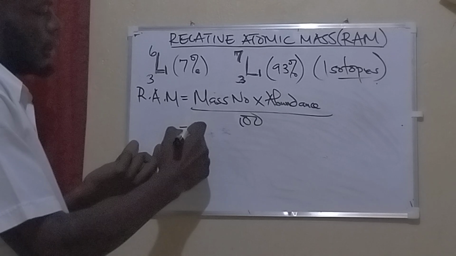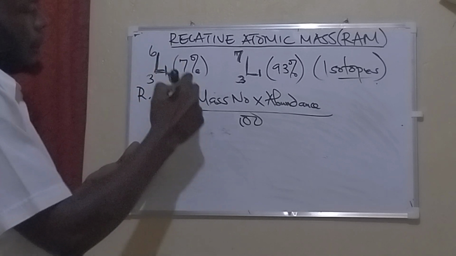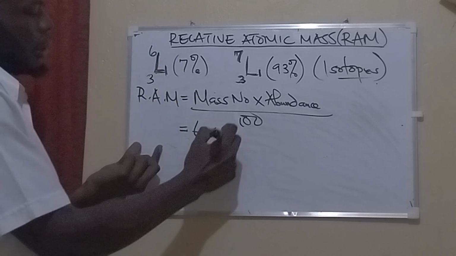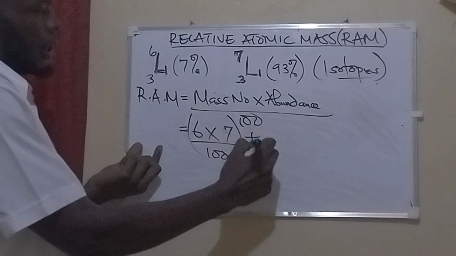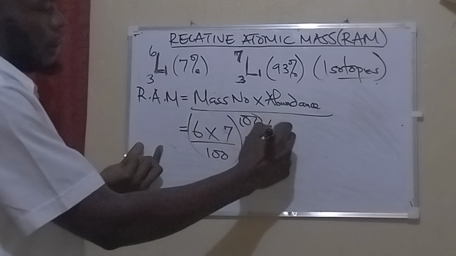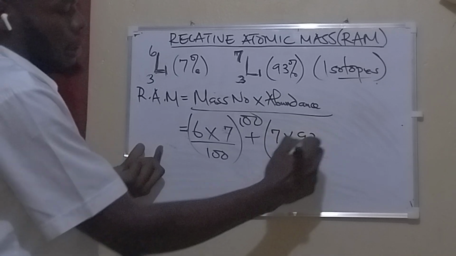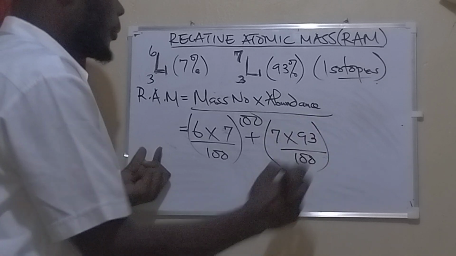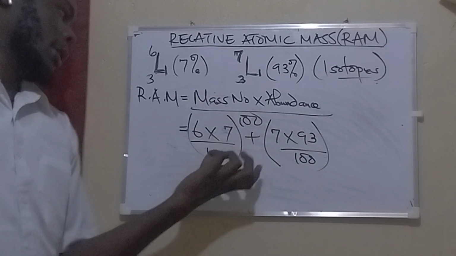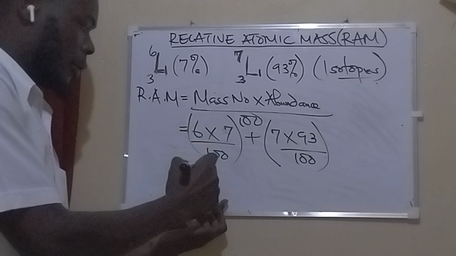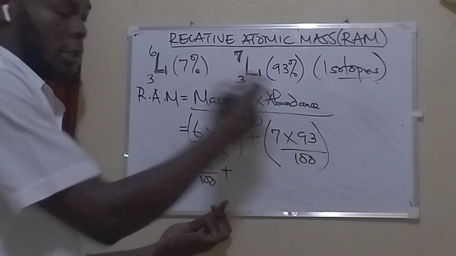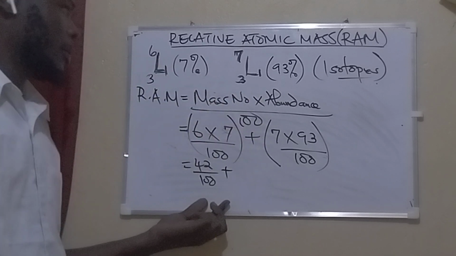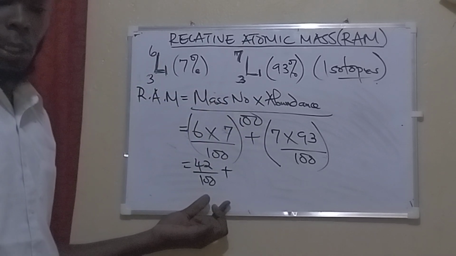So we have this atom, mass number 6, abundance 7%, divided by 100. We have plus the other atom, 7, abundance 93, divided by 100. It will give you 42 over 100 plus 93 times 7 divided by 100.